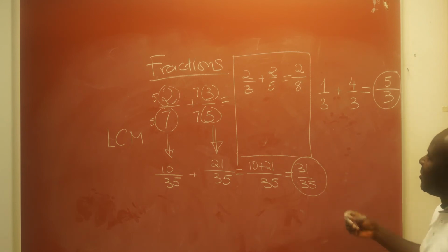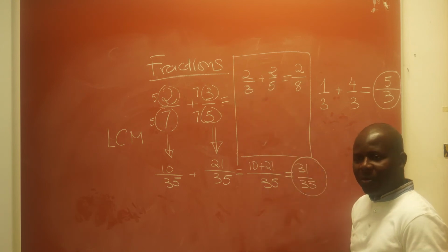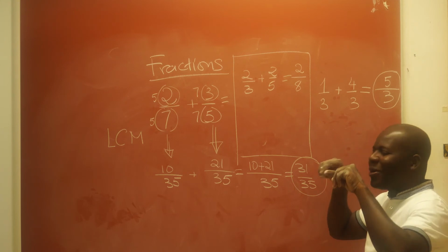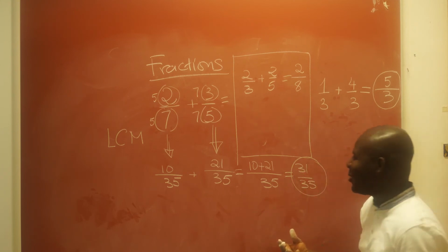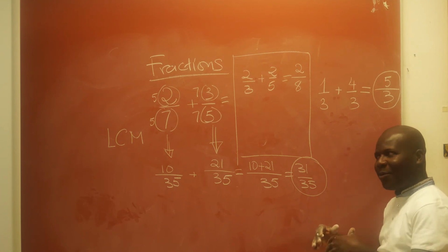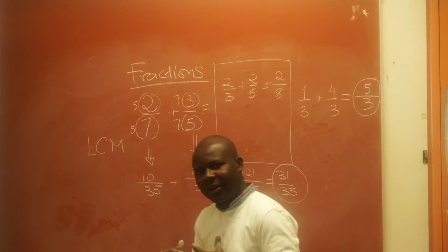Now, the question is, the 2 on top, do you think the 2 on top is the denominator? That's the numerator. So, denominators are the numbers at the bottom of the fraction, and numerators are the numbers on top of the fraction.